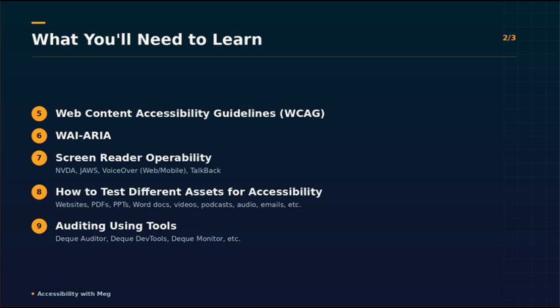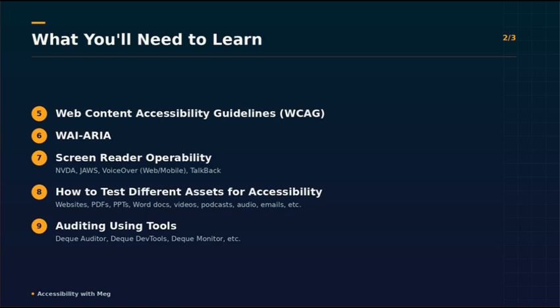So tools like NVDA, JAWS, VoiceOver on web and mobile, and TalkBack, because testing accessibility means experiencing it in the way real users do. So being able to use these tools, and a main part of the testing, it has screen reader testing, and so having knowledge of these tools is very important.